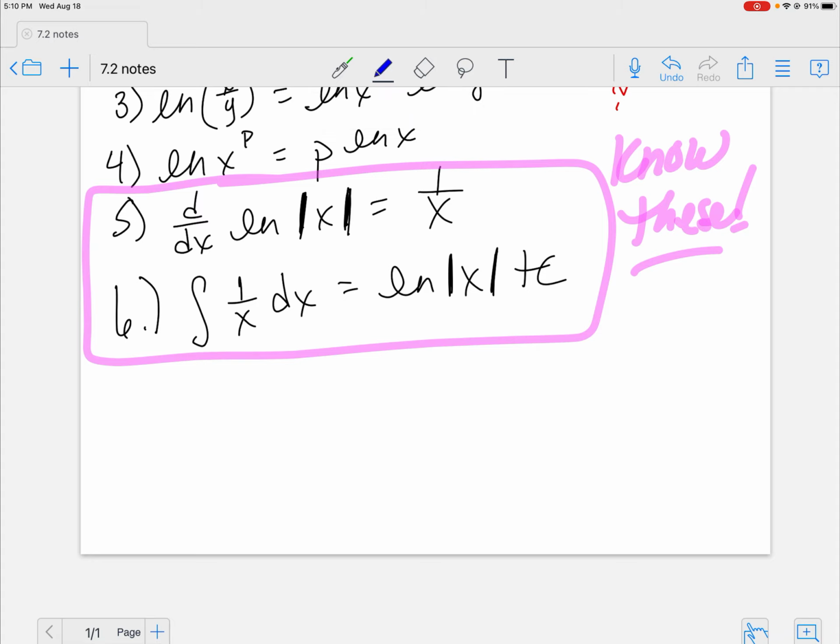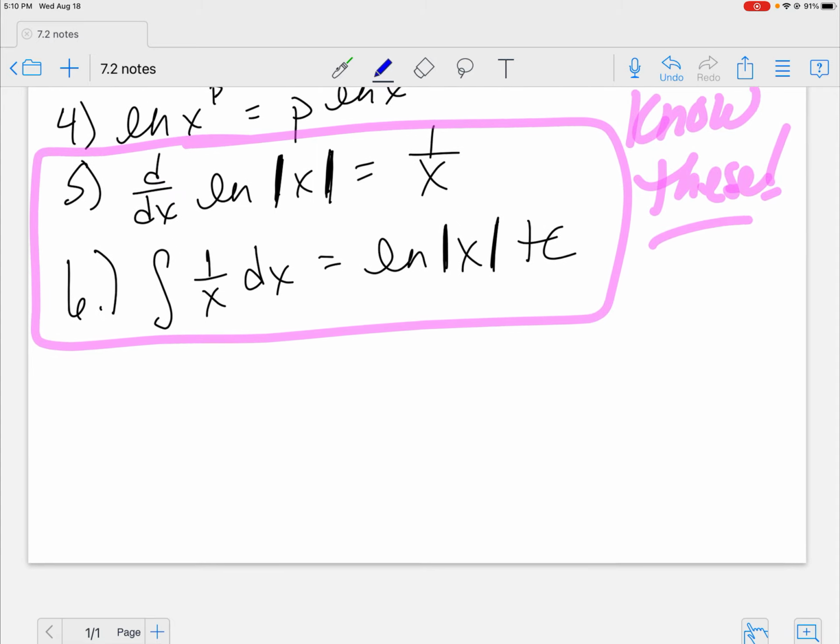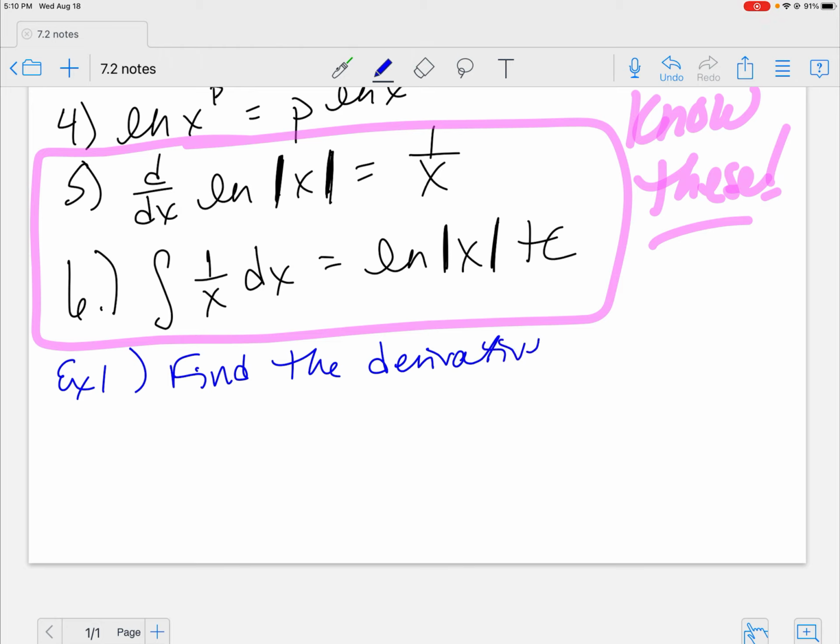Okay, I'm going to try to squeeze in a couple of examples here because I want to have these rules up there so we can reference them. So here's example 1. We're going to find the derivative. Here's part A. y is equal to the natural log of 4x.